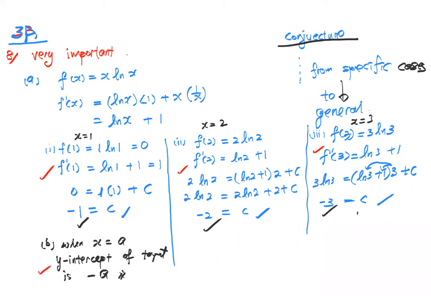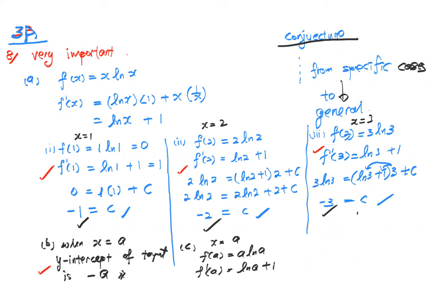When you talk about proving, prove the conjecture, what you need to do is start all over again. You just put when x equals a, f(a) is equal to a ln a. f prime a is equal to ln a plus 1.